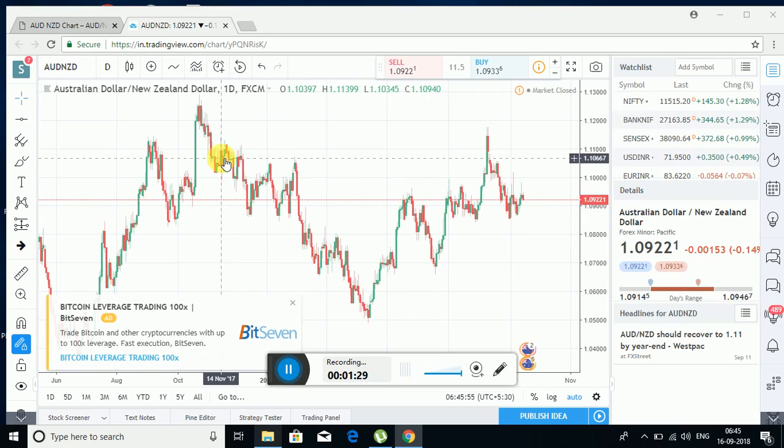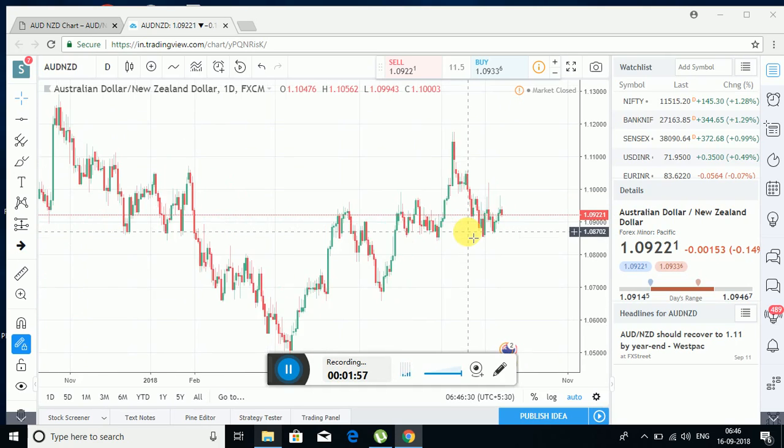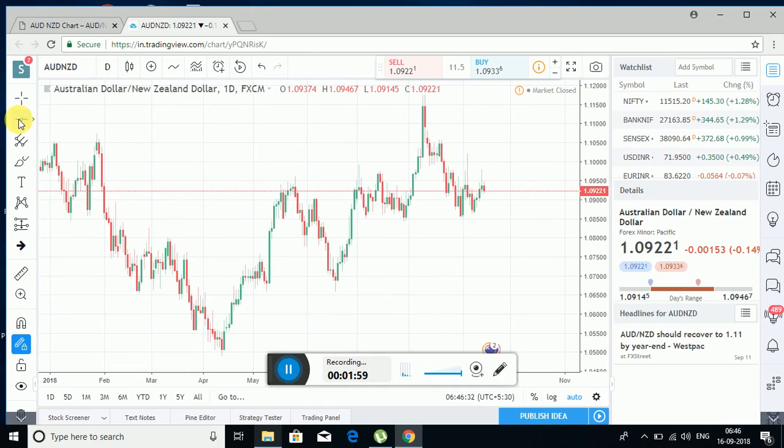In this kind of a pair, if you see a pattern like this getting formed, where it is very hard for us to determine a direction of the market, you usually want to stay away from a directionless market, and you want to trade a market which has some form of direction associated with it. Now, let's draw some levels in this chart, and the concept will become clearer after that.